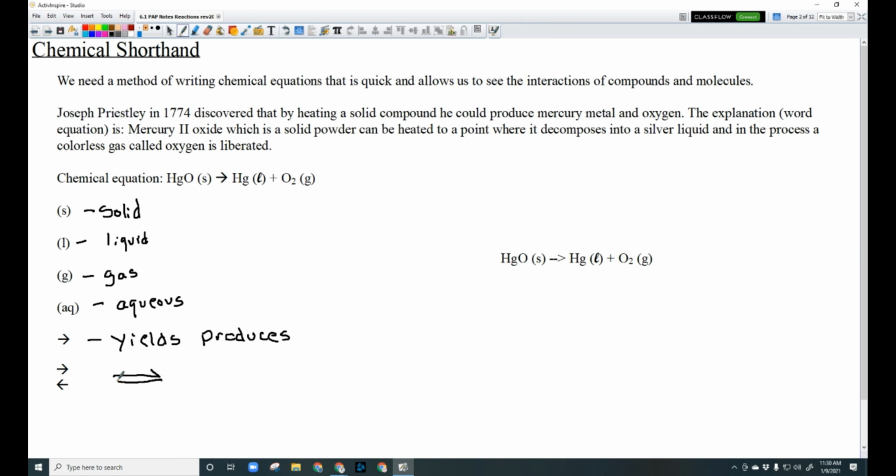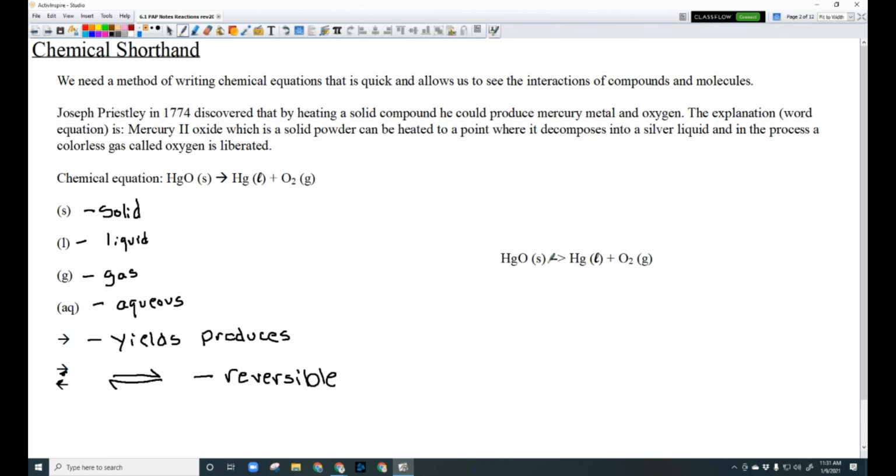Sometimes it looks like this, with the two lines on top of each other, and then we just see half of each arrow so that those two points don't overlap and interact with each other. And that just means that it's reversible. The reaction will go both ways. It will go to the right and go to the left. And it's what's called an equilibrium reaction.